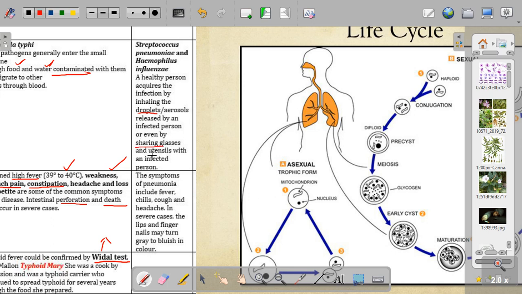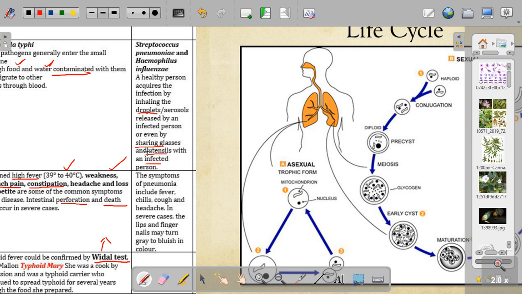If he holds a glass tumbler after a sneeze without cleaning it, and another healthy person holds the same tumbler and then rubs his hand to his nose or mouth, the infectious bacteria like Streptococcus pneumoniae and Haemophilus influenzae can pass from a patient to a healthy person.